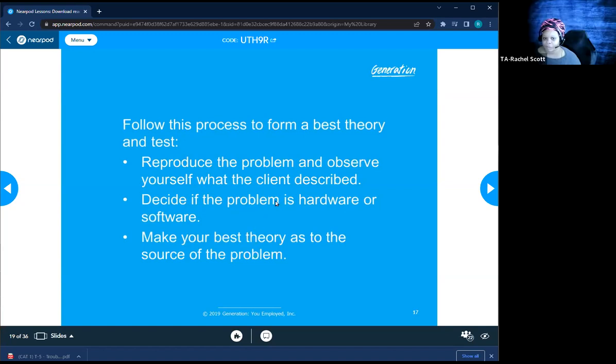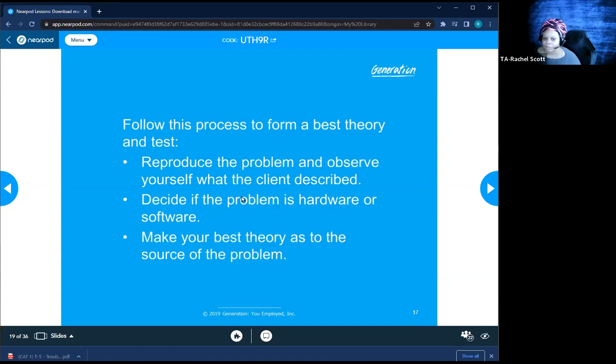Yes. So reproducing the problem, why is that helpful? Just so you have an understanding of how to fix it, because you know how it happened. Exactly. Very good.